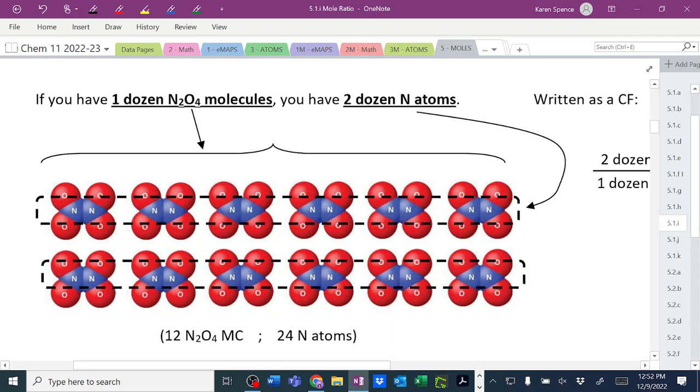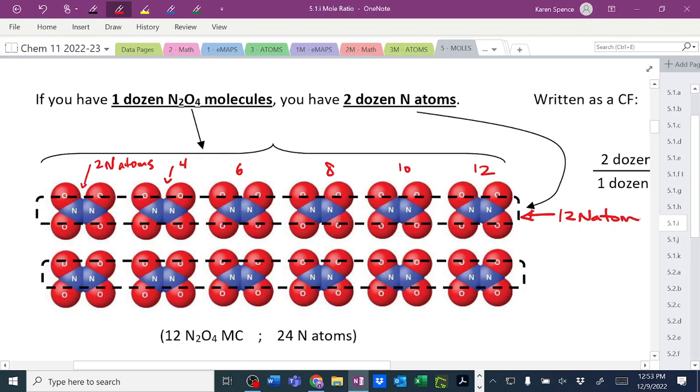And if we go along and we count our N atoms, there's 2 N atoms, and then 4, 6, 8, 10, 12 in that one line here, right?